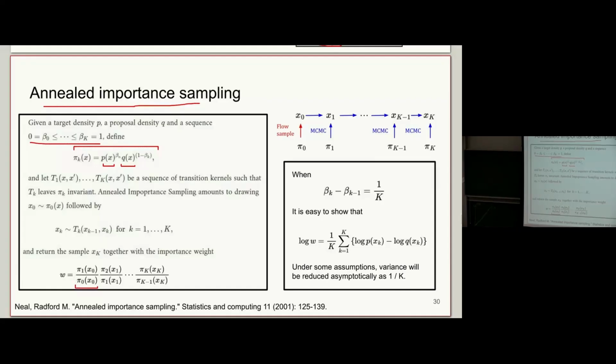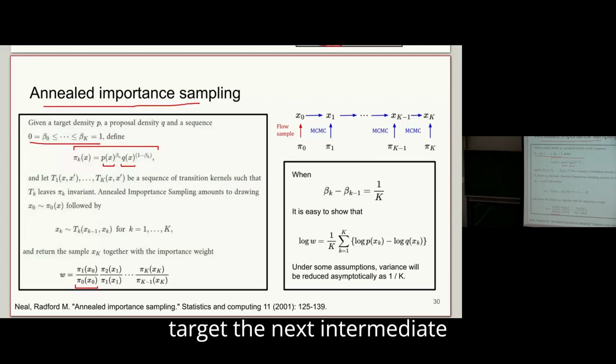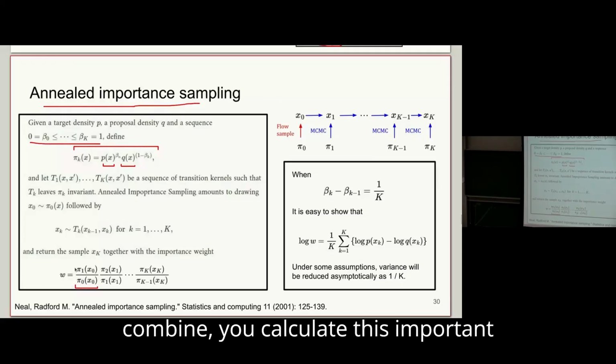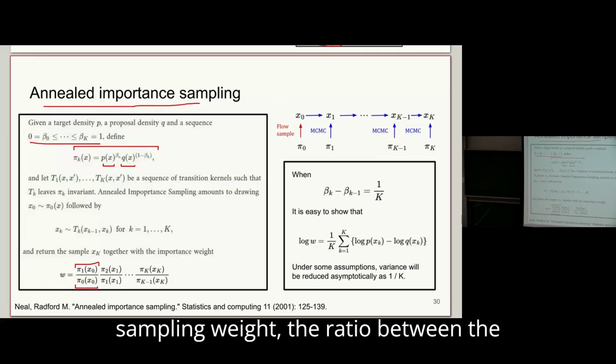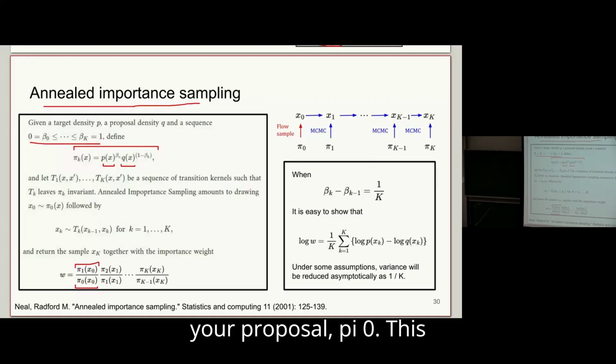Pi 0 is the first intermediate distribution, is your proposal Q. You are going to target the next intermediate distribution, pi 1. And that's why you calculate this importance sampling weight, the ratio between the next intermediate distribution, pi 1, and your proposal, pi 0. This sample, x0, with this weight, is an unbiased sample from pi 1.